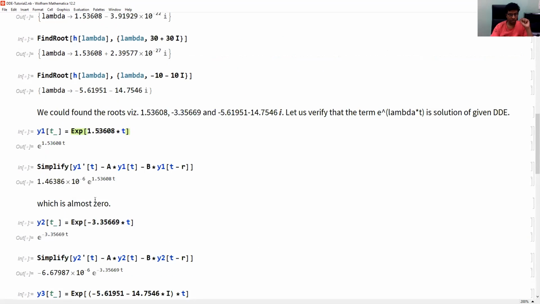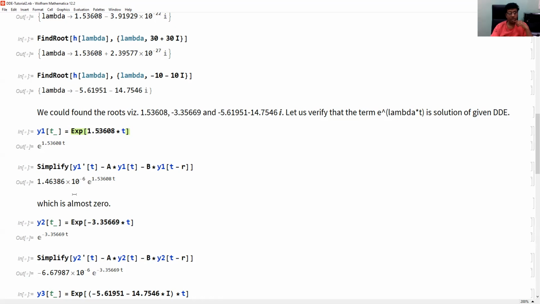So we have defined y1 to be this, and we check whether this is a solution or not by substituting in the given DDE: y1 dash of t minus a into y1 of t minus b into y1 of t minus r. If we run this, we get 1.46 into 10 raised to -6 into e raised to 1.5.